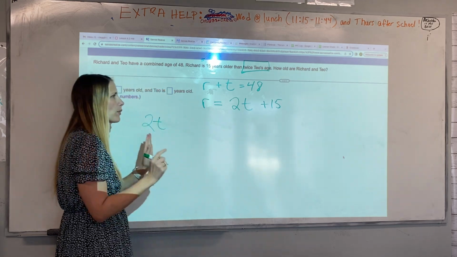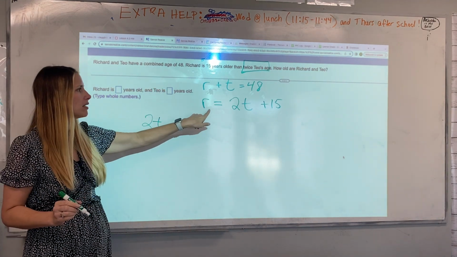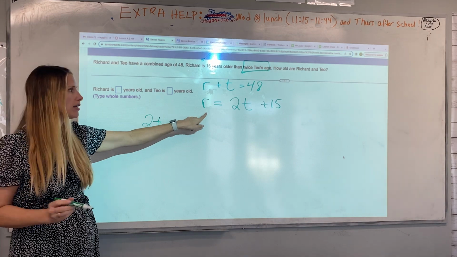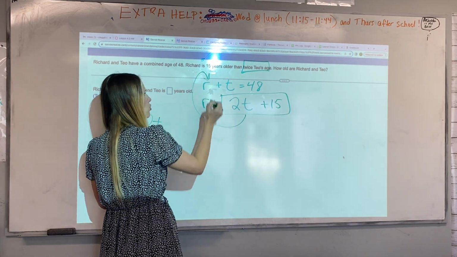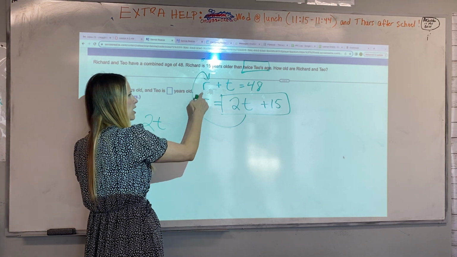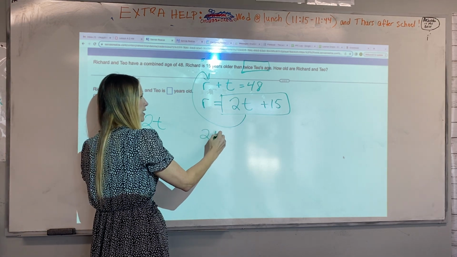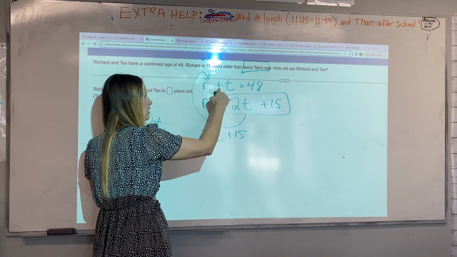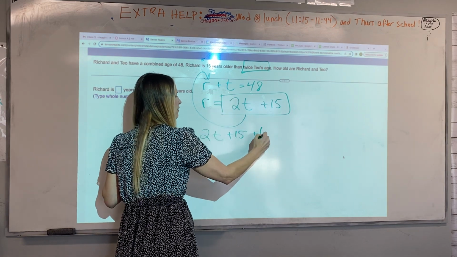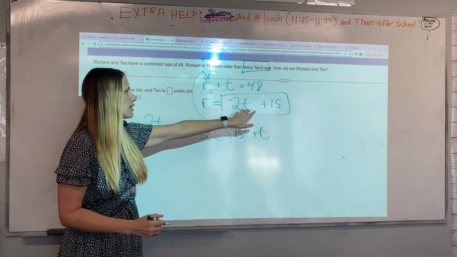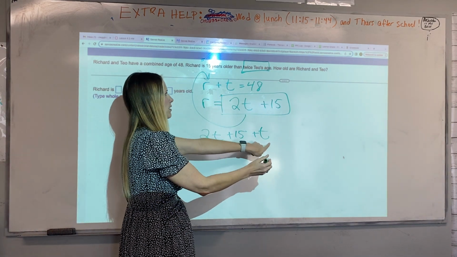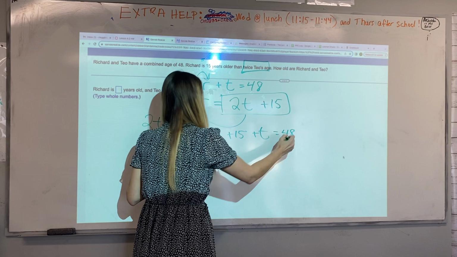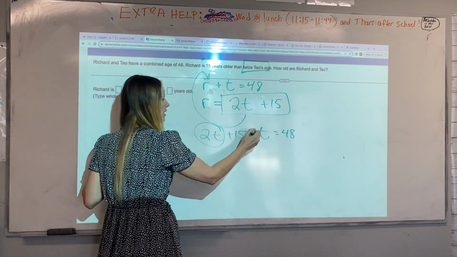Now we have something that's solved for r, so we can use this expression and plug it in right here for r. So instead of r, I'm going to write 2t plus 15 plus t, and then equals 48. Let's simplify here. We've got 2t plus t.